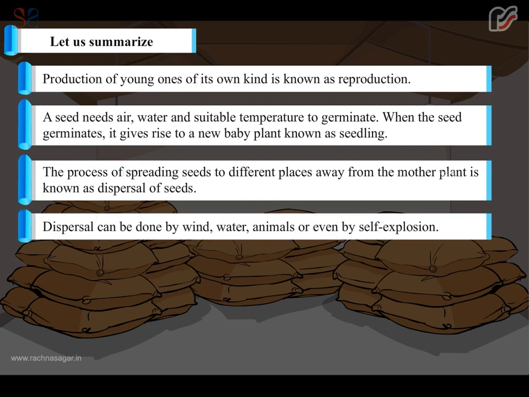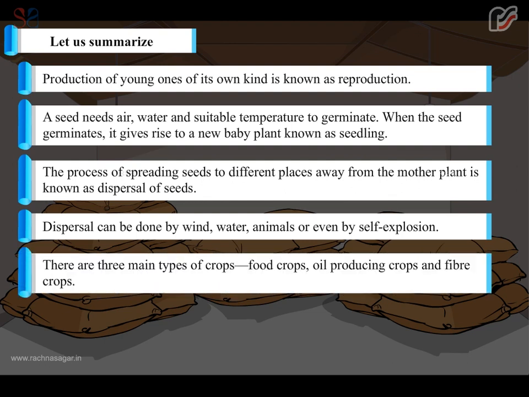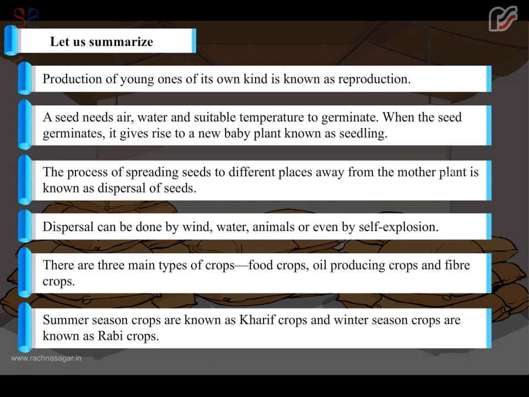Dispersal can be done by wind, water, animals, or even by self-explosion. There are three main types of crops: food crops, oil-producing crops, and fiber crops. Summer season crops are known as kharif crops, and winter season crops are known as rabi crops.